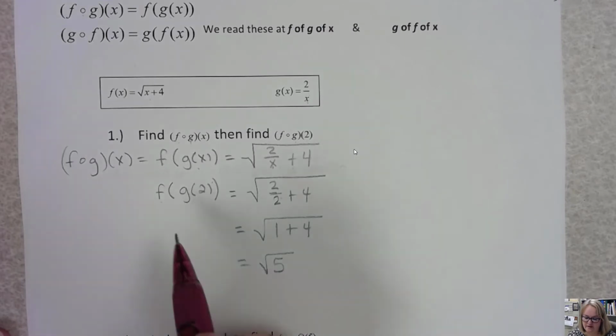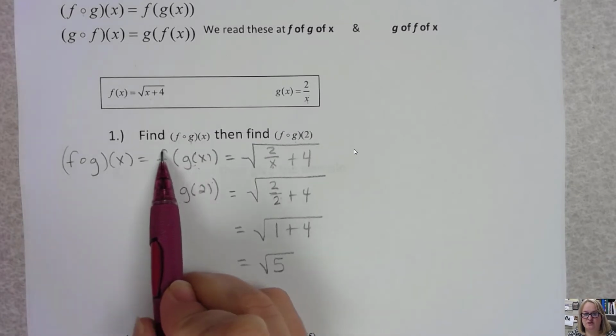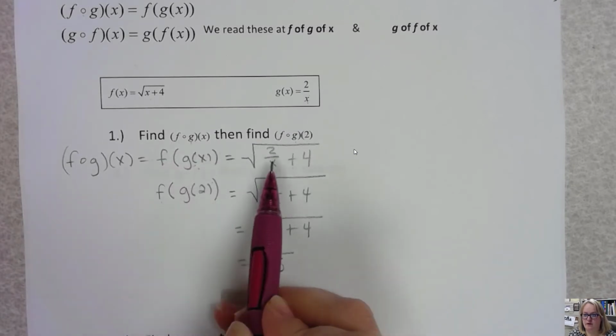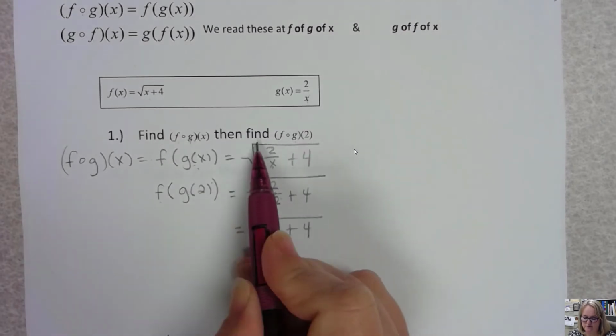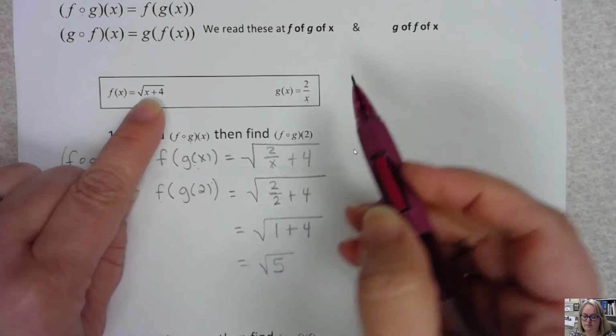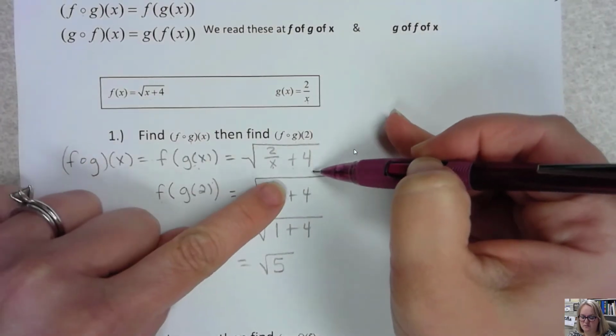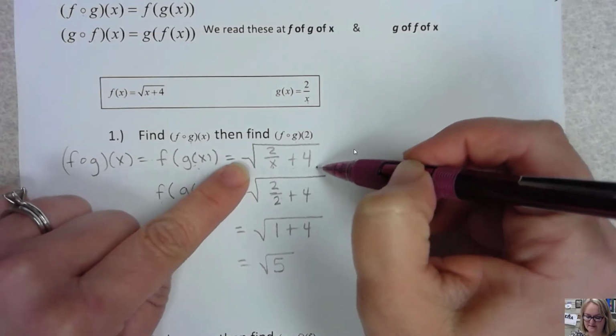So first we found f of g of x by taking the whole entire function g and putting it in place of x in the function f. Here's the function f, the square root of x plus 4. Instead of writing the x, we replaced it with 2 over x. That gave us this function here, f of g of x.